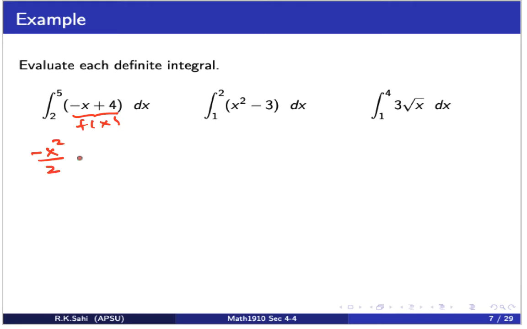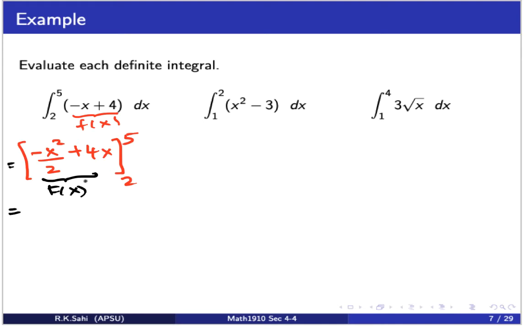So it's minus x squared over 2 plus 4x. And then, as I said, I'm going to put square brackets outside. The lower limit of the integral is 2 and the upper limit is 5, and I write them like this on the right-hand side of the square bracket. Now, remember that the inside part, guys, is capital F of x.